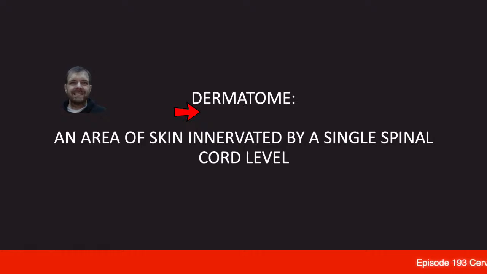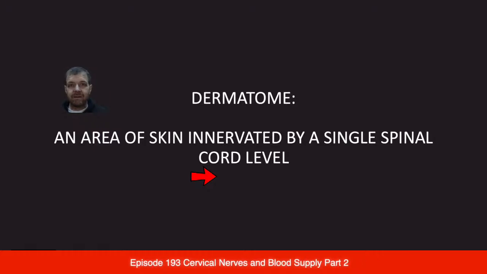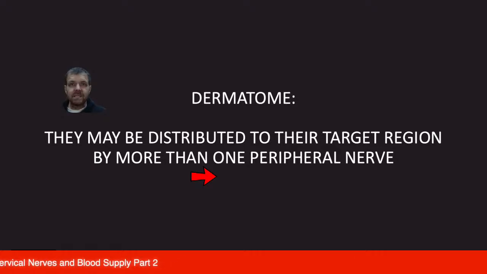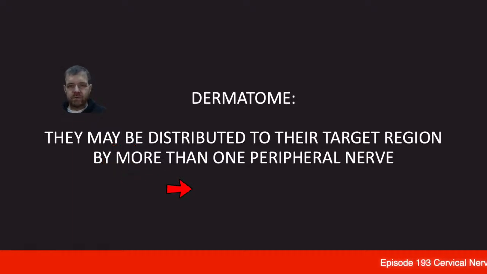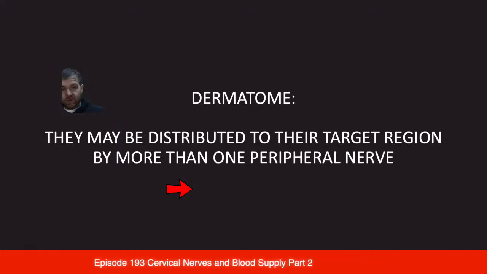So a dermatome is an area of skin that is innervated by a single spinal cord level. So that single nerve root level, that's what a dermatome does. And they may be distributed to their target region by more than one peripheral nerve. So what we mean by that is you've got several peripheral nerves, especially we're focusing on the arm.